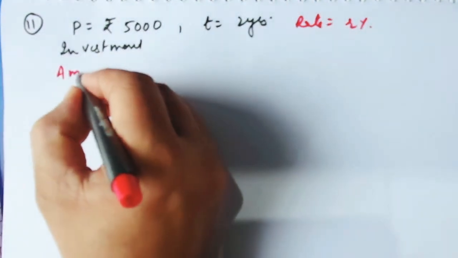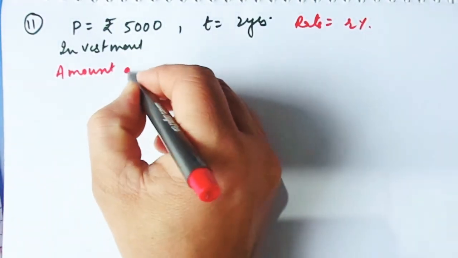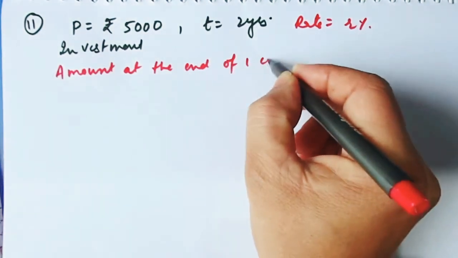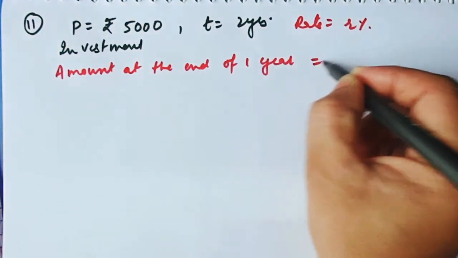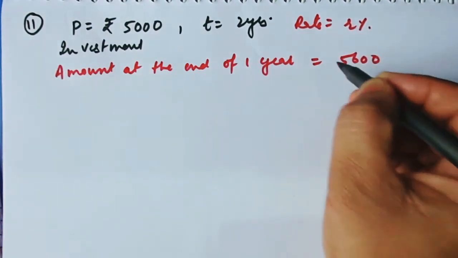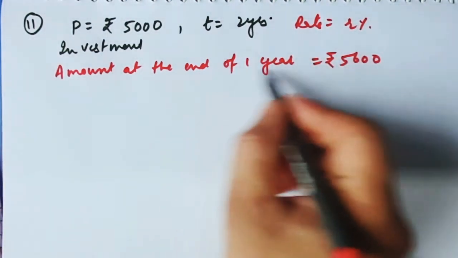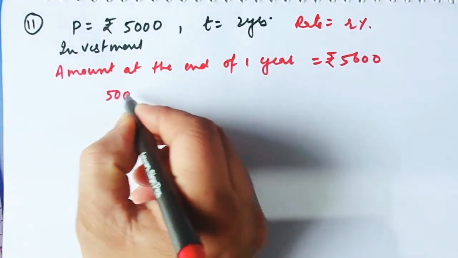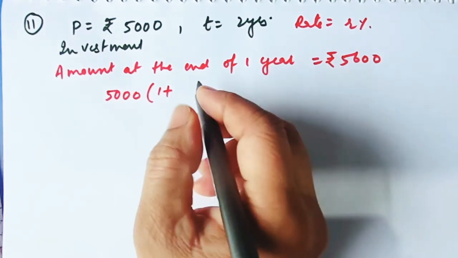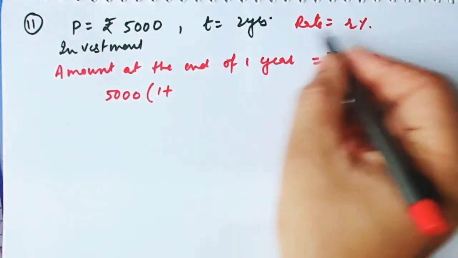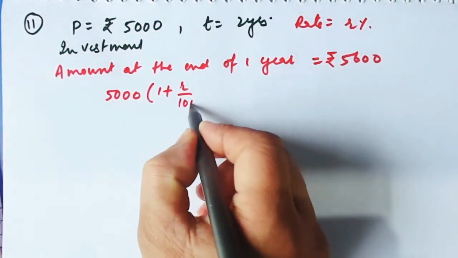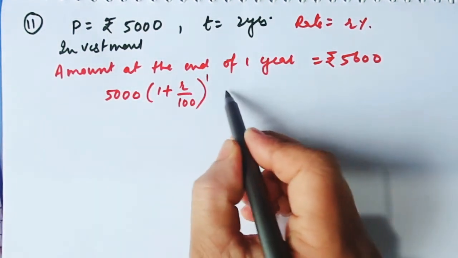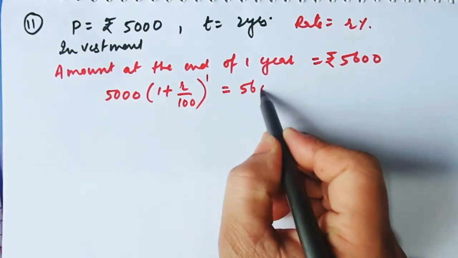At the end of 1 year means amount. Let me write here: amount at the end of 1 year is equal to 5600. So amount at the end of 1 year is equal to P(1 plus R by 100) to the power T. Here T for 1 year will be 1. Simple, equal to 5600.